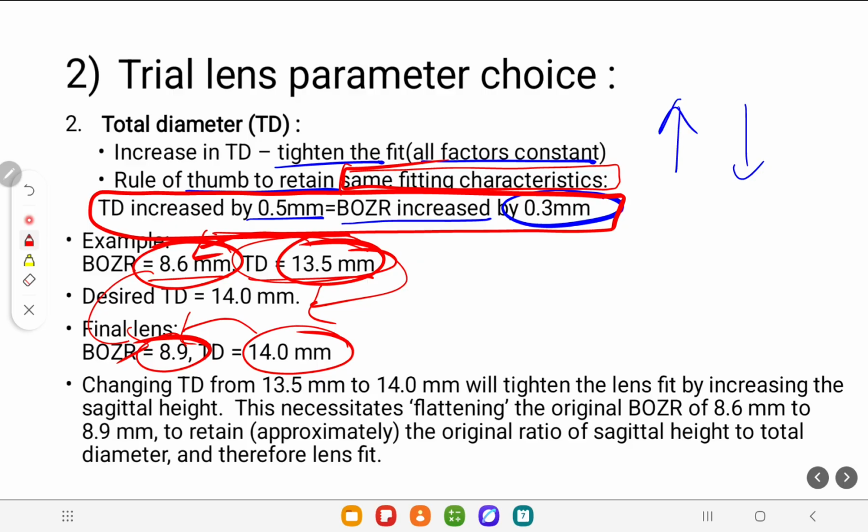That's a rough idea. Why is that rough? Because in both conditions, 13.5 mm with 8.6 BOZR and 14 mm with 8.9 BOZR, we roughly maintain the original ratio of sagittal height to total diameter.